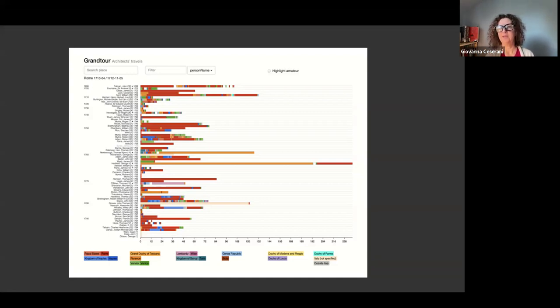And as you will see if you access the study in the link, we really managed to tease out an all new way of understanding the dynamics of social mobility and family ties in the professionalization of architecture in the 18th century, and how much this owed to travel to Italy and the documentation of its antiquities.